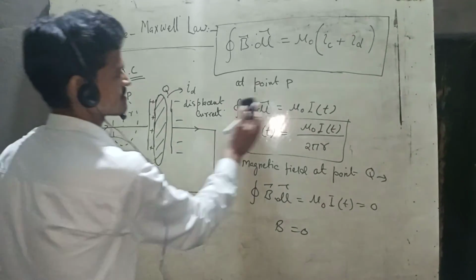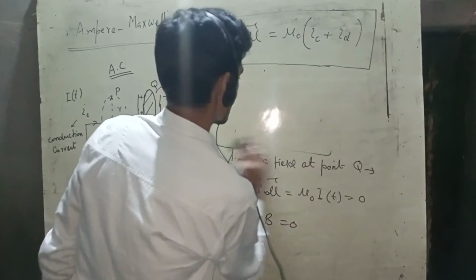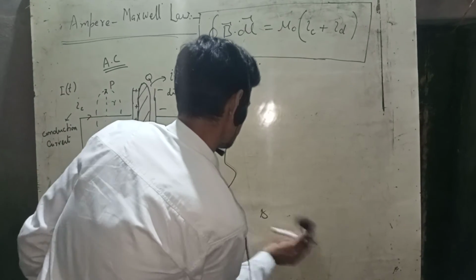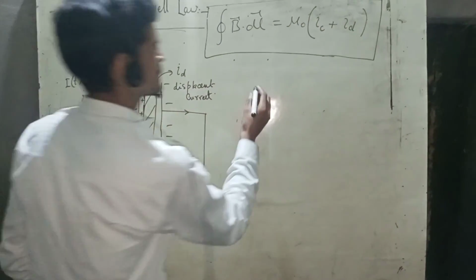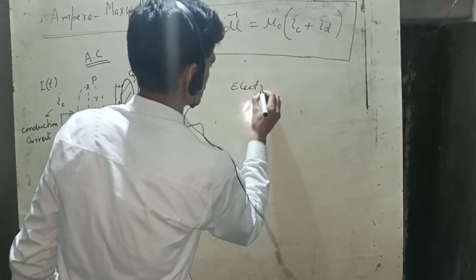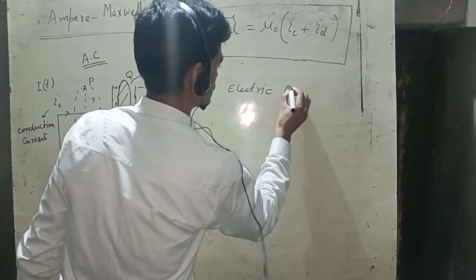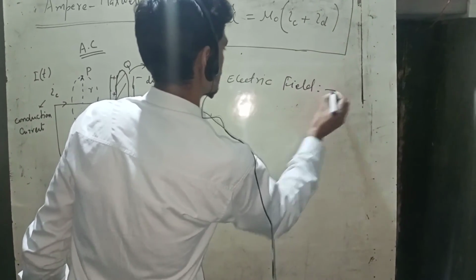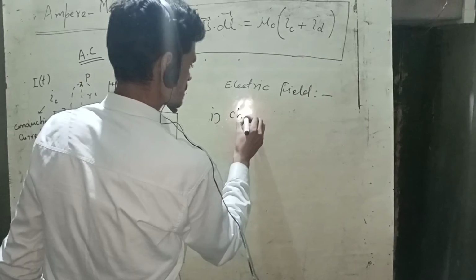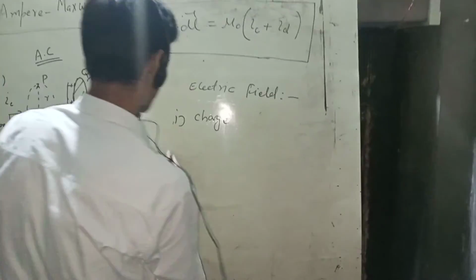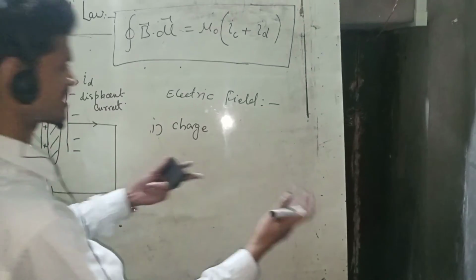So let's discuss. As we know, electric field arises due to charge. Whether charge is flowing or stationary in space, it creates an electric field.